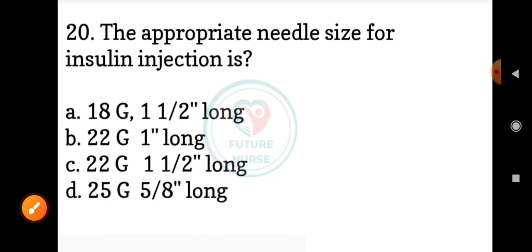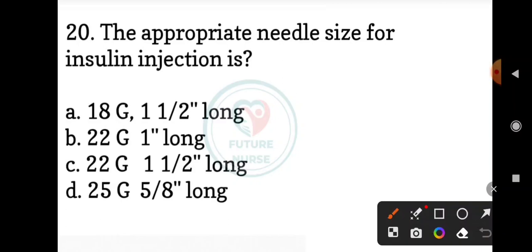The appropriate needle size for insulin injection is 18 gauge, 22 gauge 1 inch long, 22 gauge 1/2 inch long, 25 gauge 5/8 inch long. So we'll see the correct option.